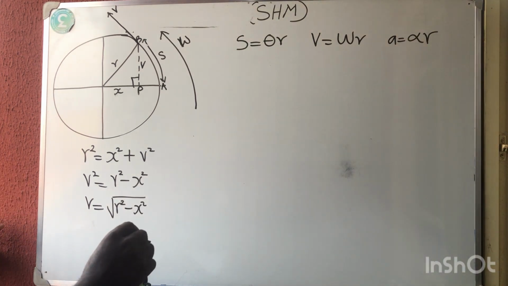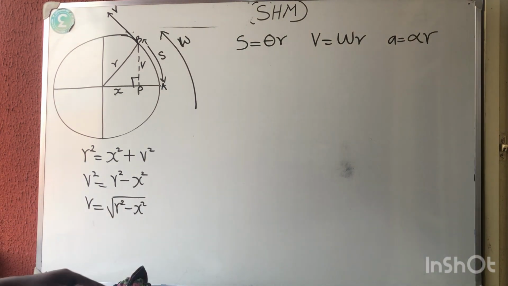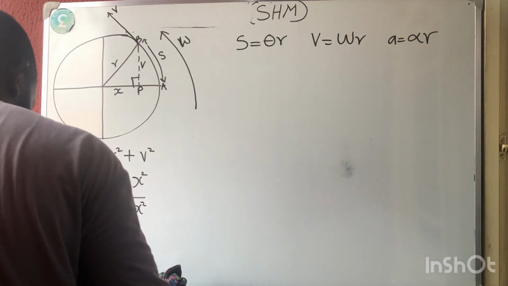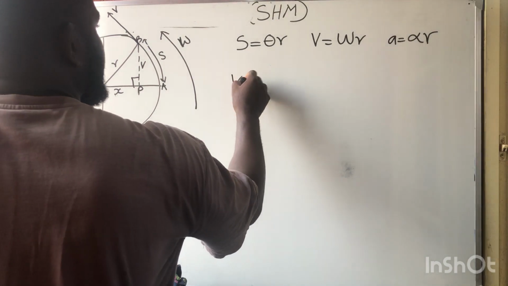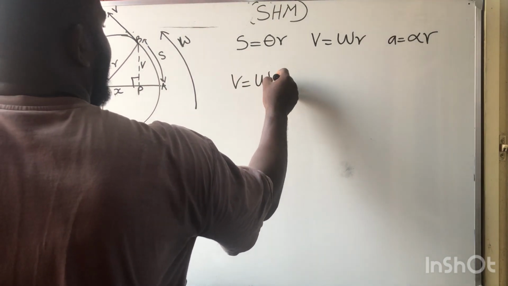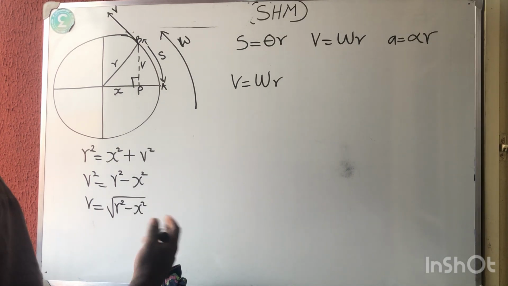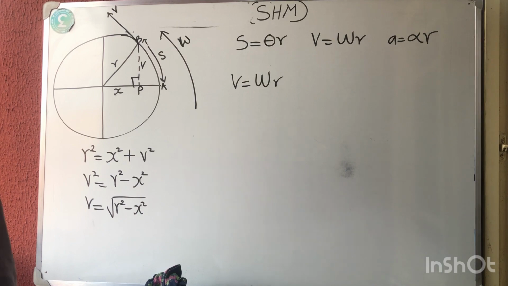Okay, let's talk about velocity first. We know that velocity v is equal to angular velocity times r. That is the maximum velocity this simple harmonic motion can attain.